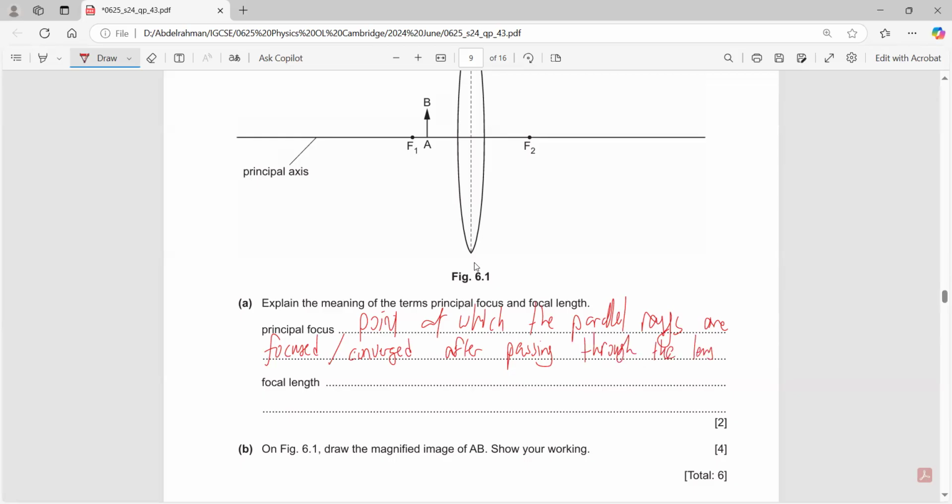What is the focal length? This is a distance. It is the distance between the principal focus and the center of the lens.